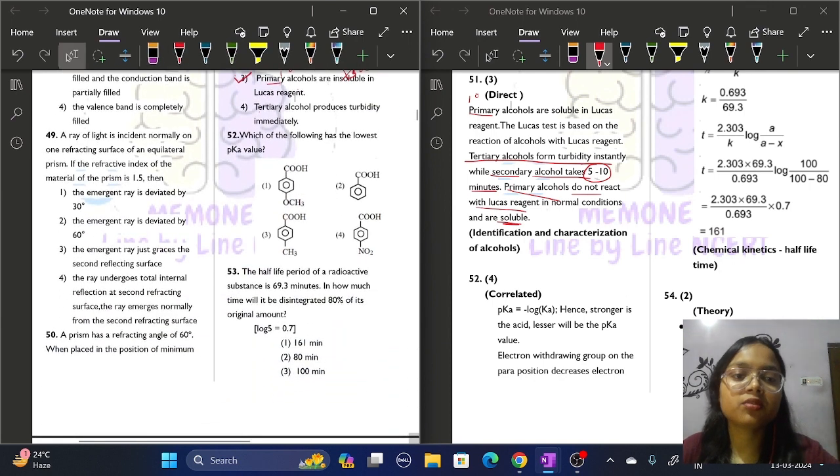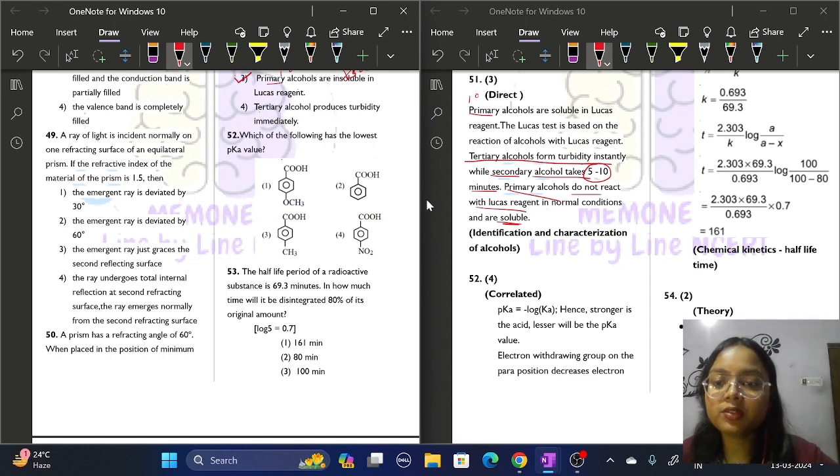So for the second question in chemistry, which is question 52, it is a correlated type question from GOC. Which of the following has the lowest pKa value?